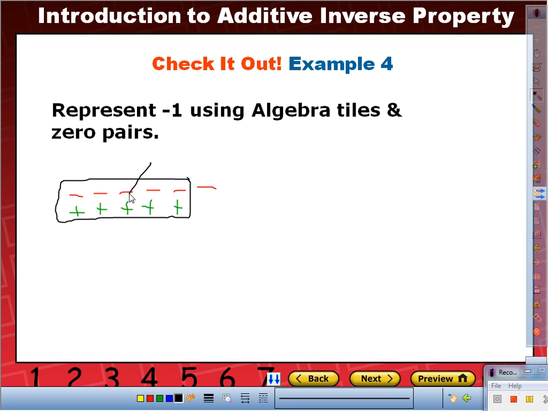They cross out, and we're left with what? -1. Does this represent -1? Okay, so let me write it in numbers. Everybody look up, please. How many negatives? 6, so that's -6 plus 5, and that is equal to -1. And my ground zero method, I do this, -6 and +5. Copy that, please.